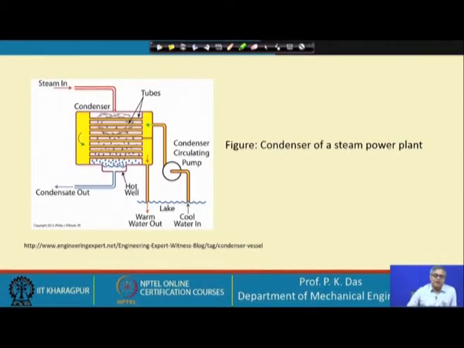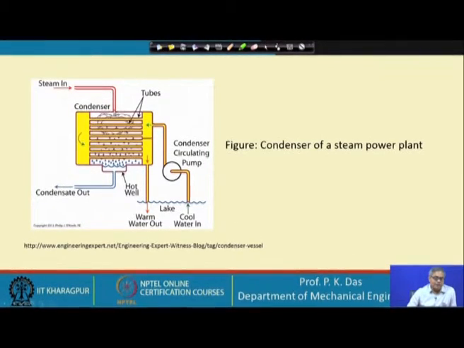So, first we take an example of a steam power plant condenser. This is a surface condenser of a steam power plant. Here you see the vapor is passing through the shell side over the tube and liquid is passing through the tubes. Let us say this liquid water is being pumped, it is passing through these tubes, coming back here, and then it is going out.